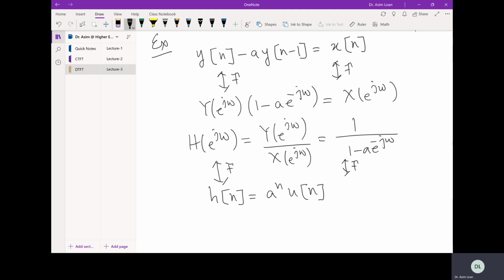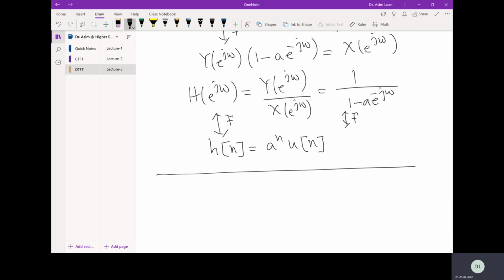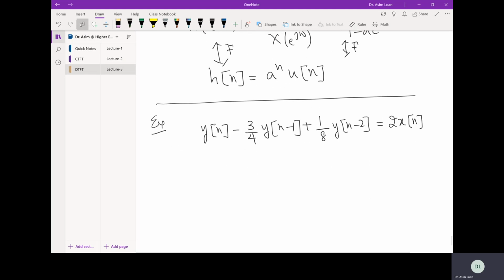Okay, let's look at another example. The second order difference equation: y[n] minus 3/4 y[n minus 1] plus 1/8 y[n minus 2] is equal to 2 times x[n]. I'm not going to do all the steps. If I take the Fourier transform here, H(e^{j omega}) equals Y(e^{j omega}) divided by X(e^{j omega}).